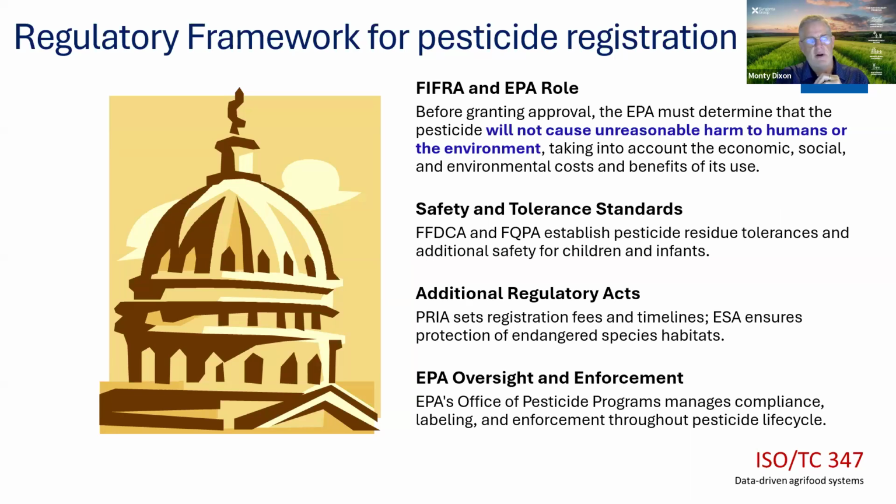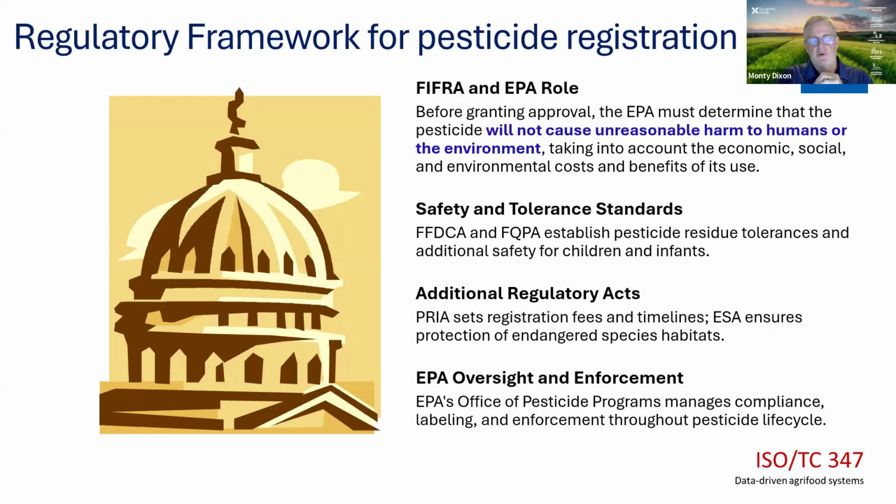There are other laws that also go to ensure the safety framework that governs these pesticides, such as the Federal Food, Drug, and Cosmetic Act and Food Quality Protection Act. These establish things such as tolerances and safety factors to ensure that these products are safe for all populations. And FQPA in particular has a focus on women, children, and infants.